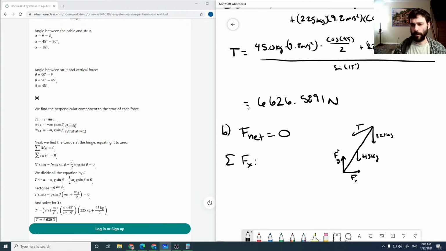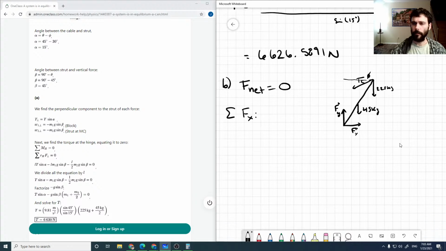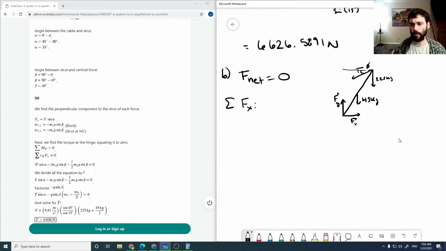And we already figured out that this angle here is phi. So we can break down our tension by looking at that angle. So we've got, this is a 30-degree angle, and this will be T cos 30, and this will be T sine 30.